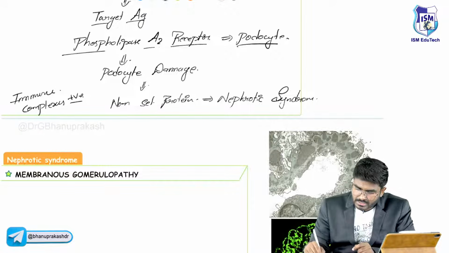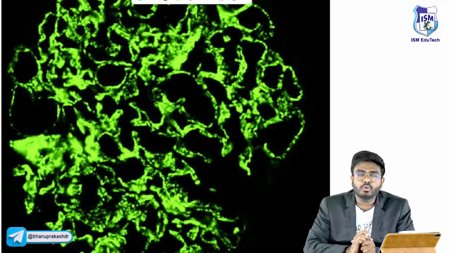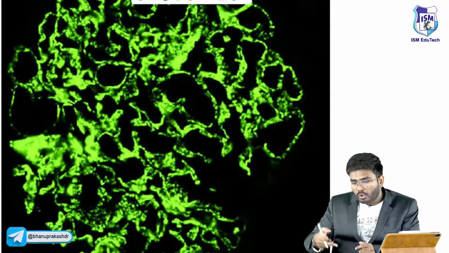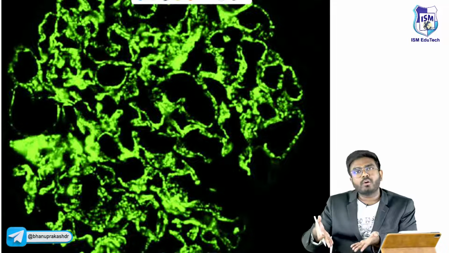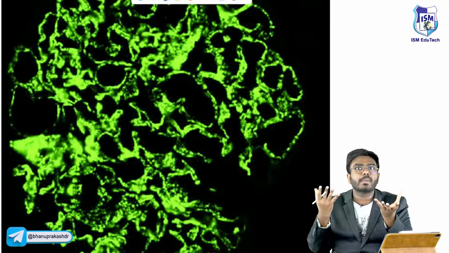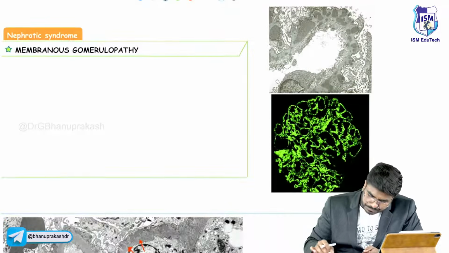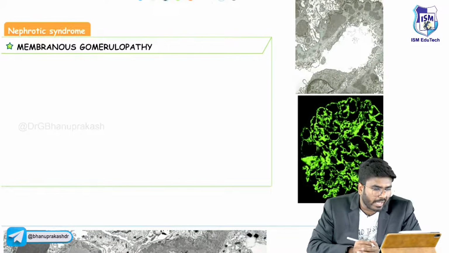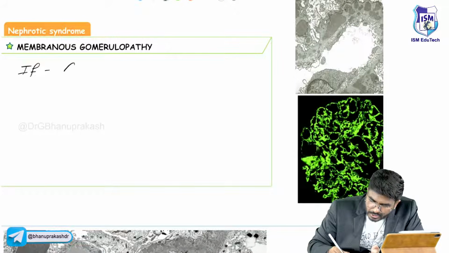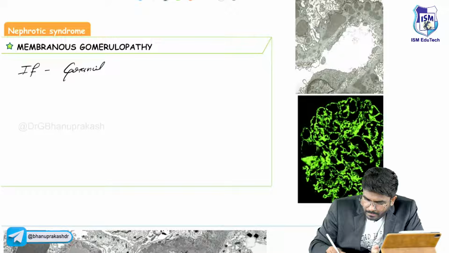Because of that, when you take a tissue biopsy and go for the immunofluorescence study, how is it going to look? It's going to fluoresce, lightning is coming. Whenever you do the immunofluorescence, granular immunofluorescence is seen, like granules here and there.